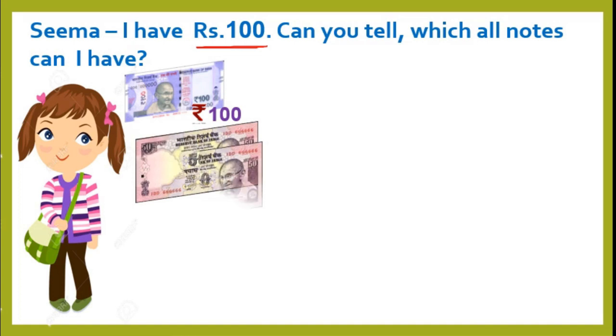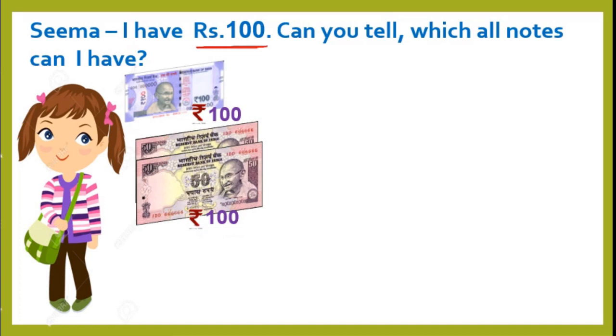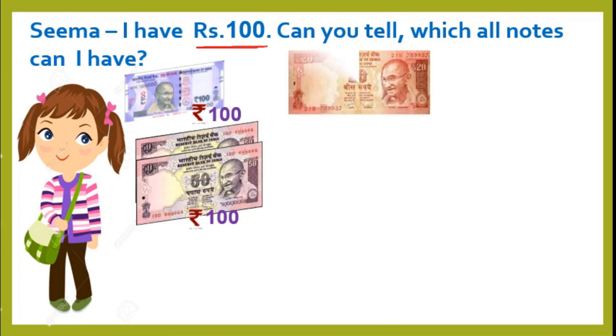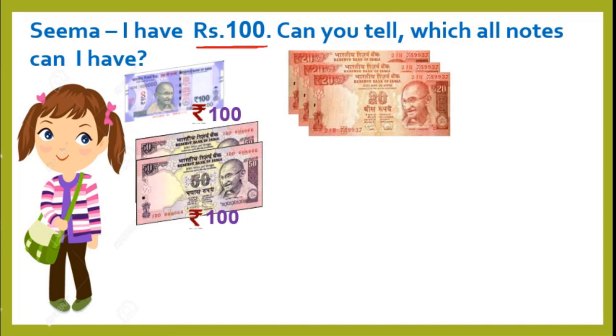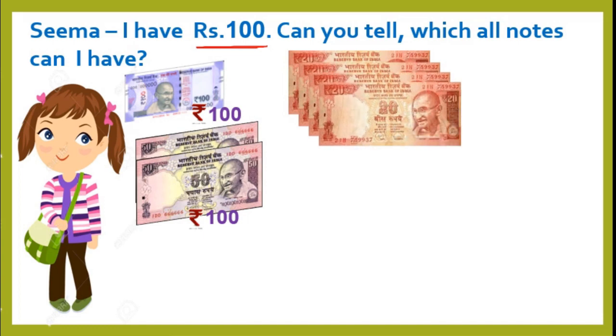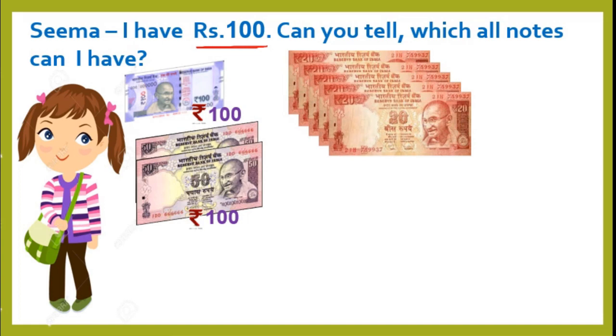Second, 50 rupees 2 notes is equal to 100, isn't it? Then 20 rupees 2 notes, 3 notes, 4, 5. Yes, this is also equal to 100.